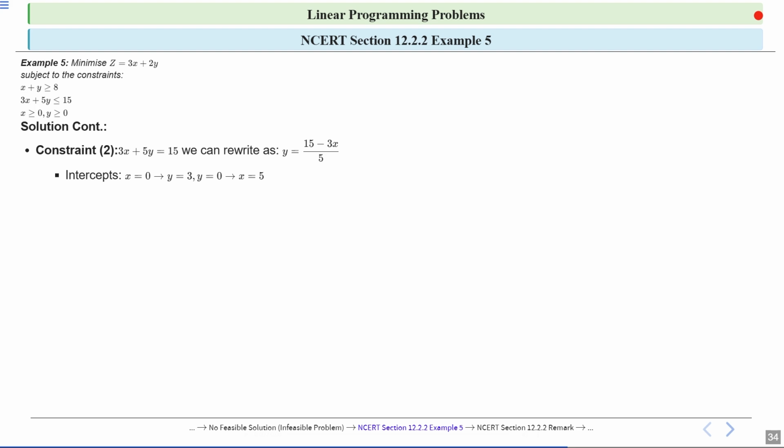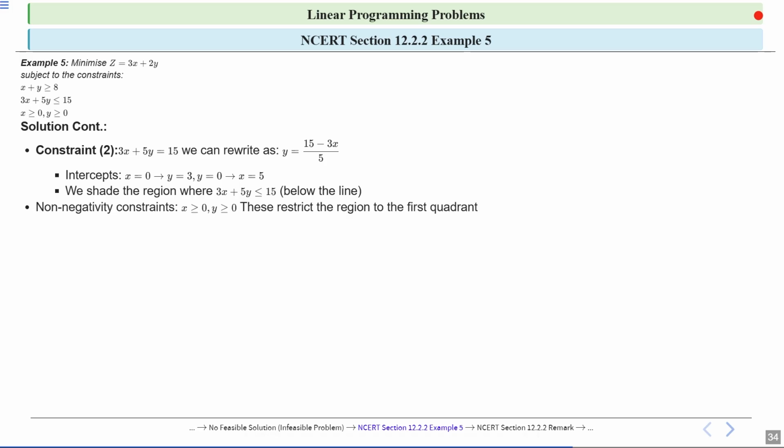Here the intercepts: x equals 0 implies y equals 3, and y equals 0 then x equals 5. And we set the region where 3x plus 5y is less than or equal to 15, and here it is basically below the line. And then non-negativity constraints, x is greater than or equal to 0, y is greater than or equal to 0. These restrict the region to the first quadrant.